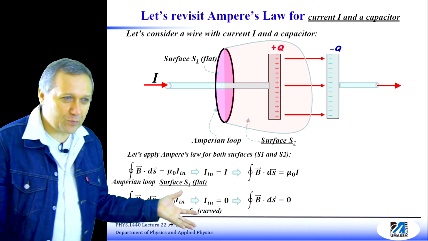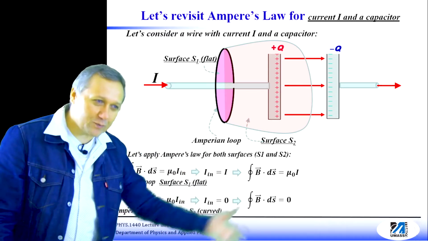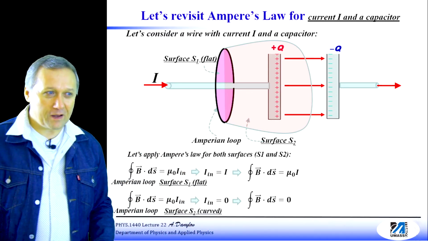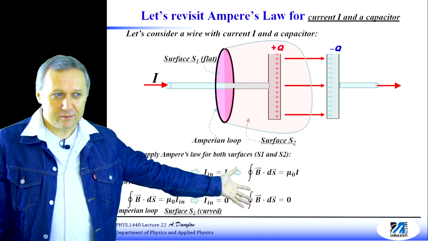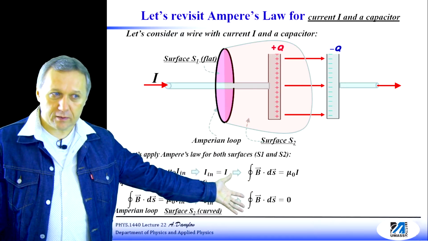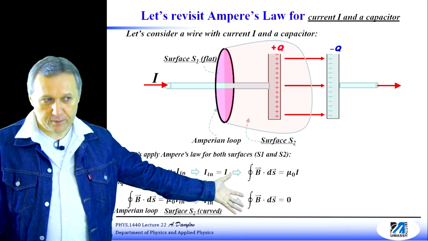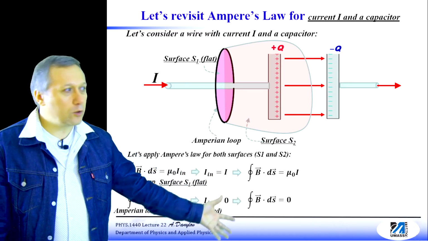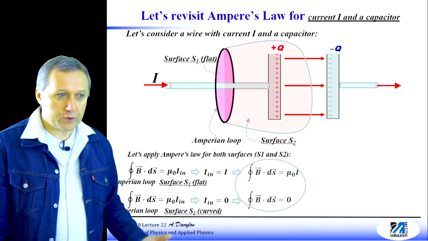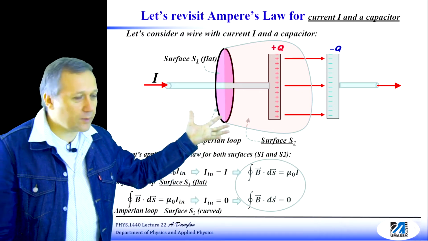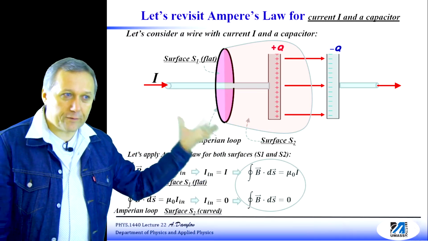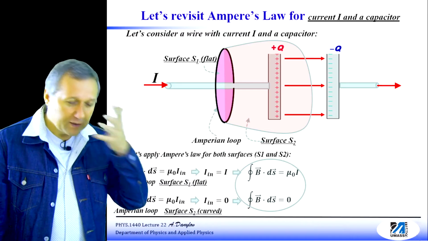Of course, it's impossible. In both cases, we're supposed to get exactly the same result. It means that something is fishy. It means that this law is not complete, because he just demonstrated an example where Ampere's law, not Faraday's, damn it, failed to work.